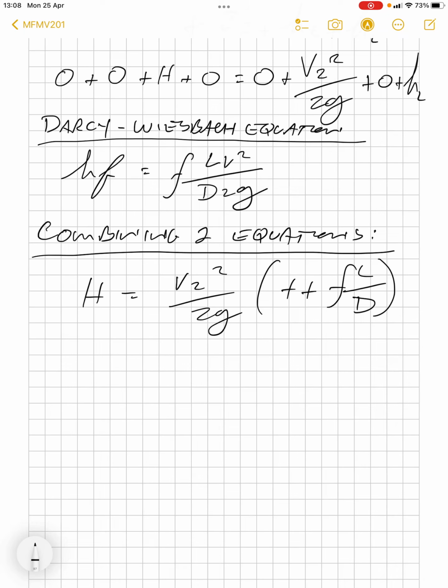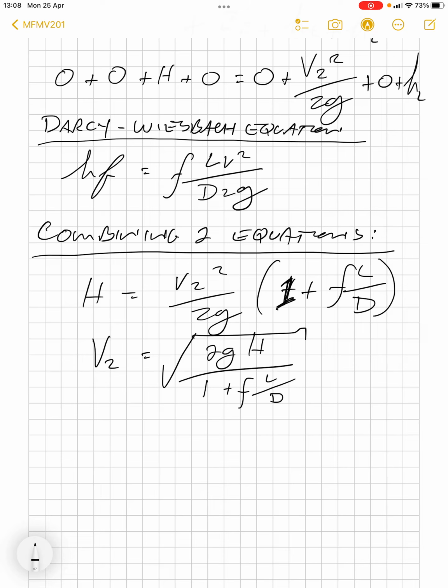So we're just simplifying, we took V squared over 2g out, and we've got 1 plus f L over D. So simplifying in terms of velocity and square rooting, we'll get V2 equals the square root of 2gH over (1 plus f L over D).